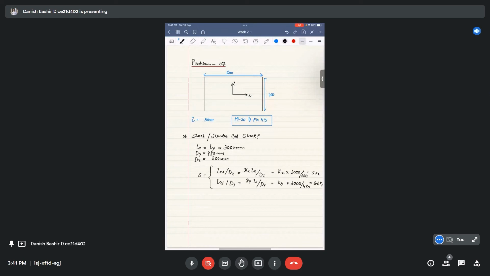Now in the question it was given that the column is braced against sideways movement in both directions. Effective length ratios kx and ky are both less than unity, hence the two slenderness ratios will both be less than 12.